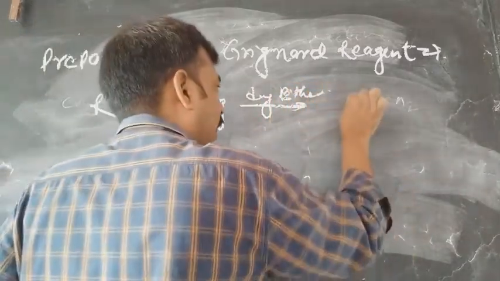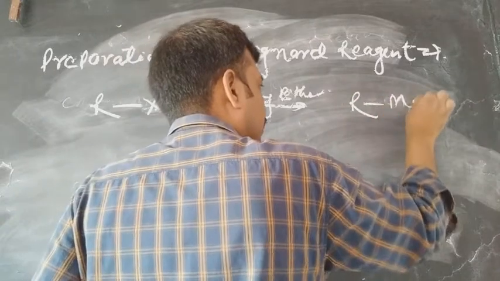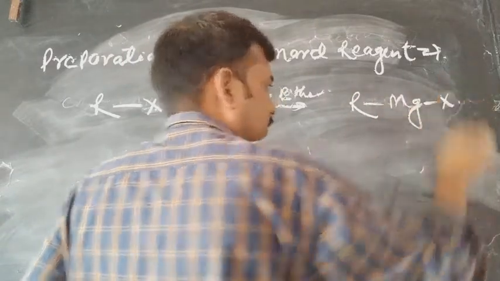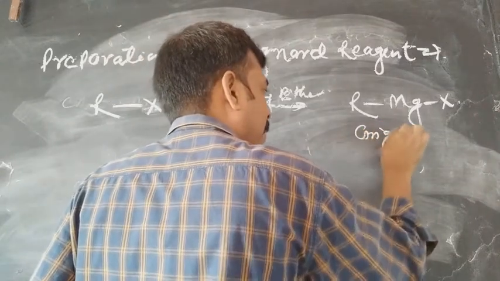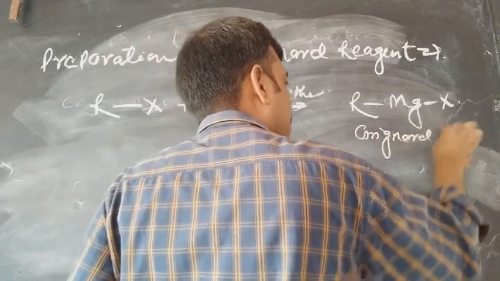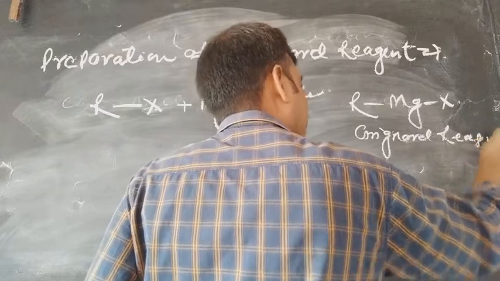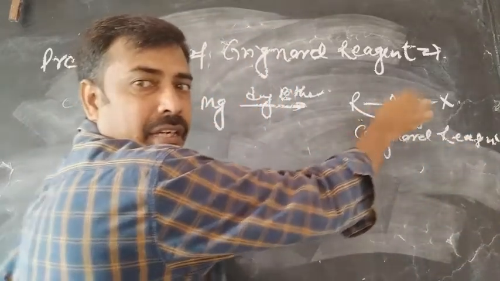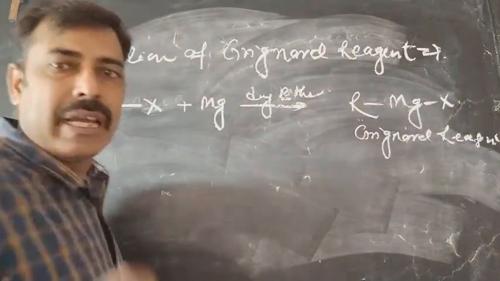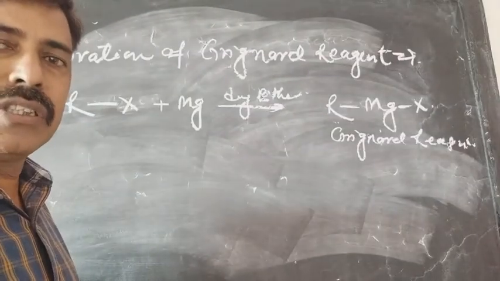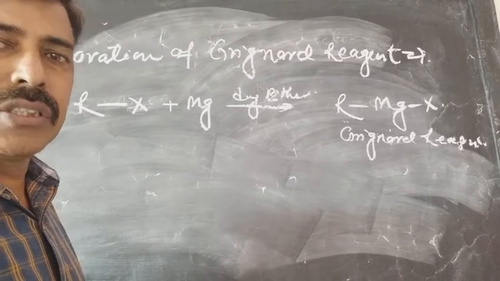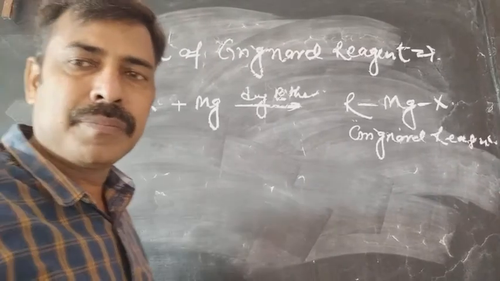It forms RMgX, and this is called Grignard reagent, or you can say alkyl magnesium halide. The alkyl magnesium halide itself is known as Grignard reagent. Then this is alkyl magnesium bromide, and this is called the Grignard reagent.